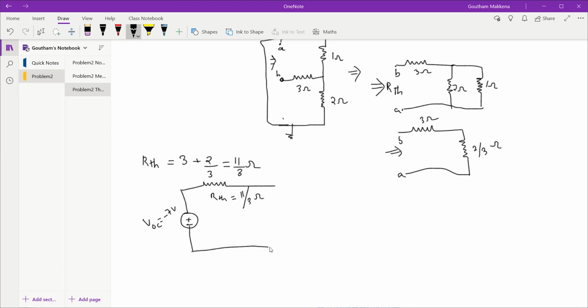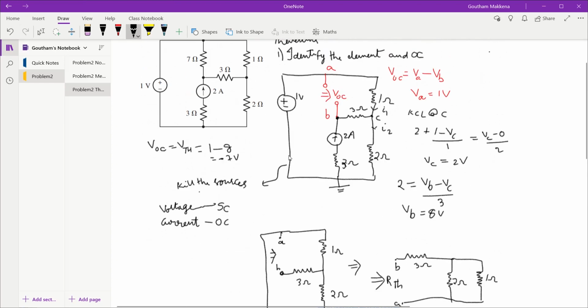Now these are the two terminals A and B from which the 7 ohm load resistor has initially been removed. At A and B we have found the equivalent circuit for this entire circuit as a voltage source VOC in series with a resistance RTH.